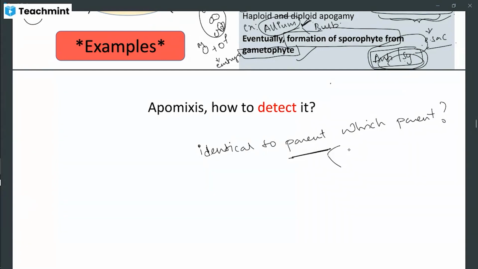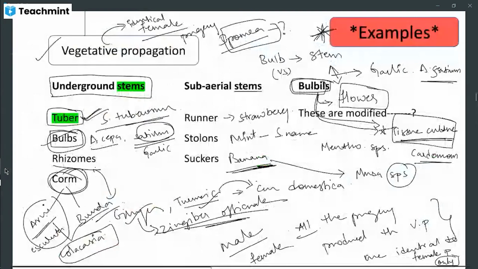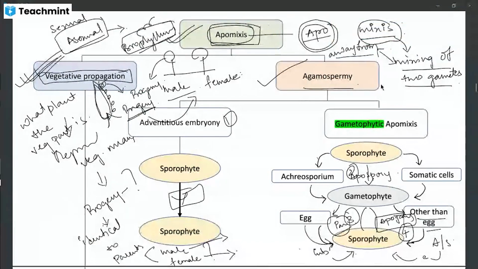There are only two parents. You can pick male or female. What will you pick? Female. Okay, female is correct, but female is correct in case of agamospermy, because everything that we discussed is from the female side.